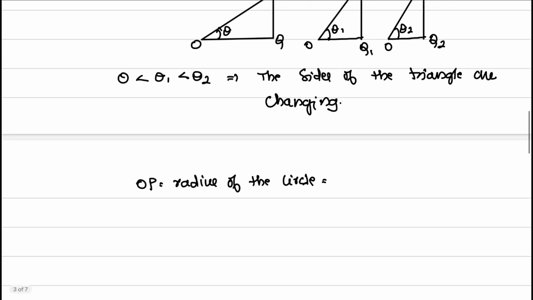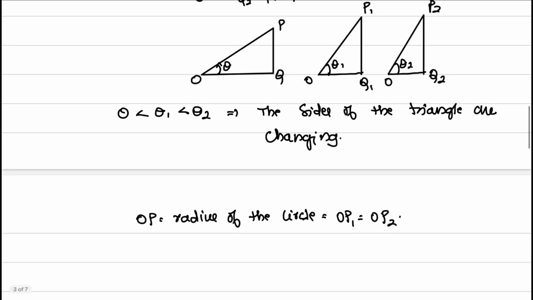OP is equal to OP1, which is equal to OP2. That means when the hypotenuse is the same, how are the triangles changing as theta changes?